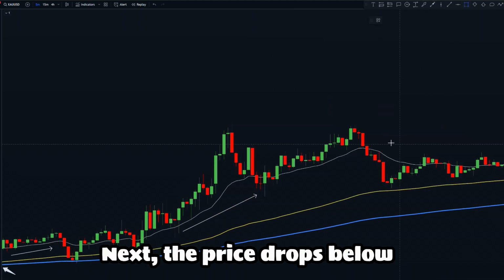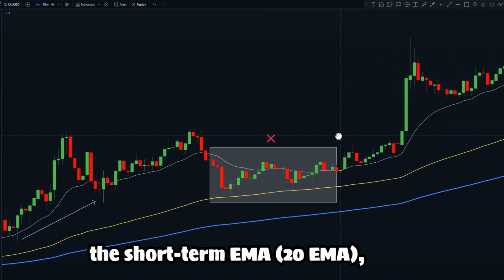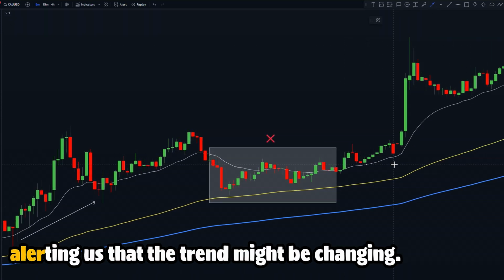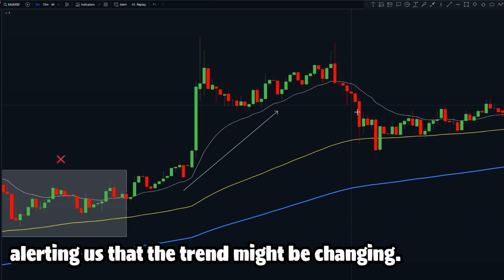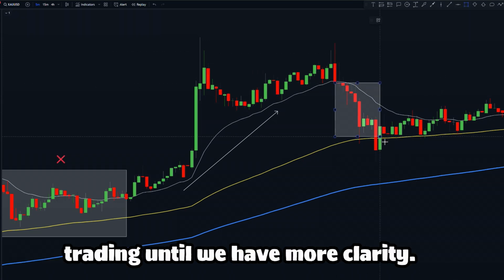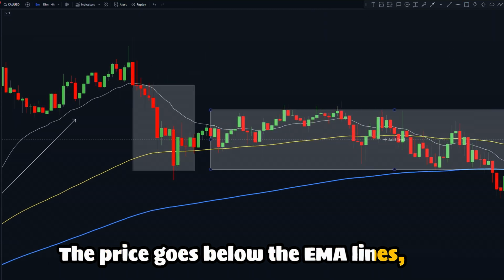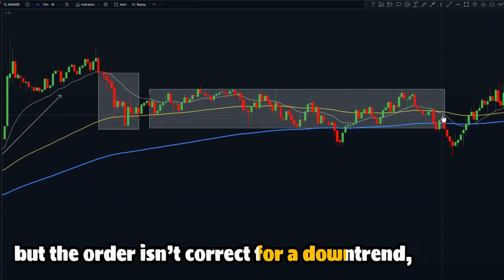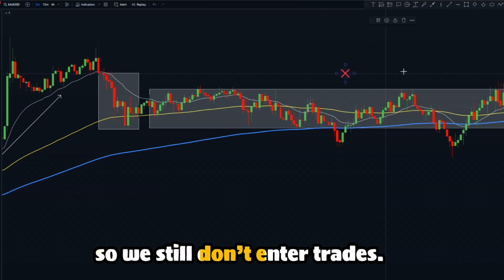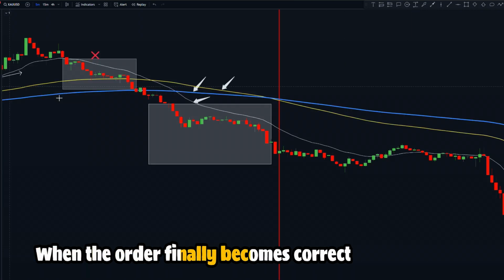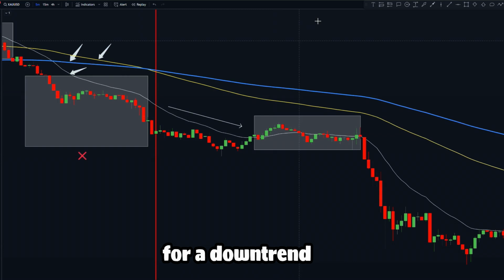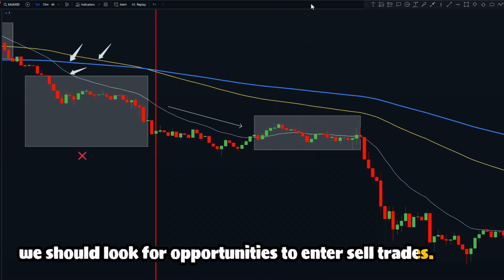Next, the price drops below the short-term EMA 20, alerting us that the trend might be changing. This is a signal to avoid trading until we have more clarity. The price goes below the EMA lines, but the order isn't correct for a downtrend, so we still don't enter trades. When the order finally becomes correct for a downtrend, we should look for opportunities to enter a sell trade.